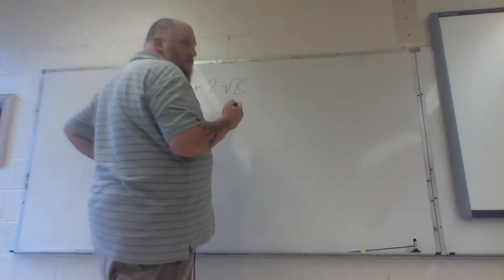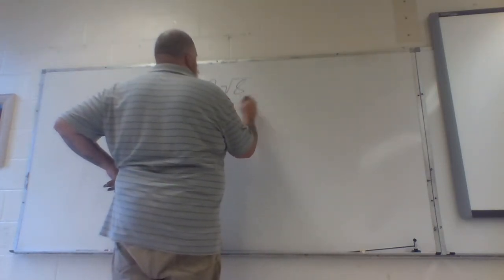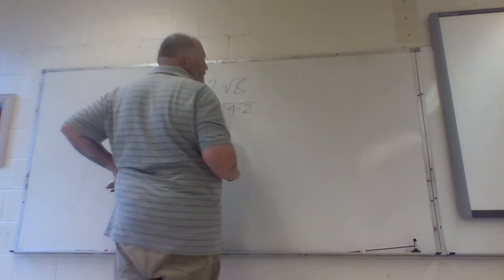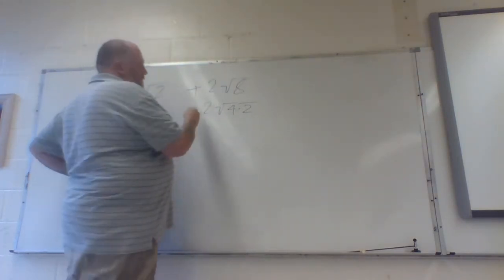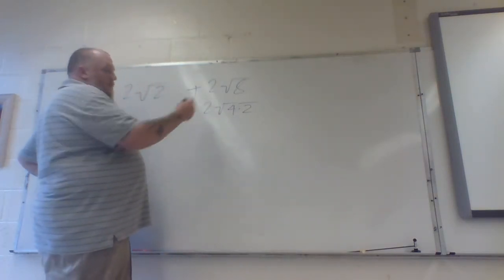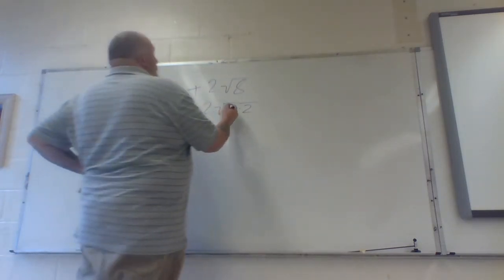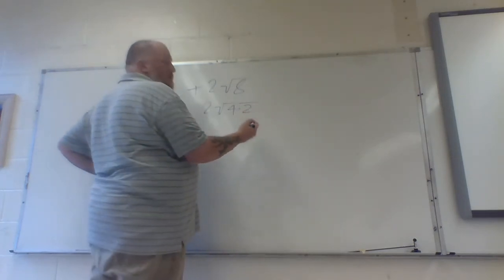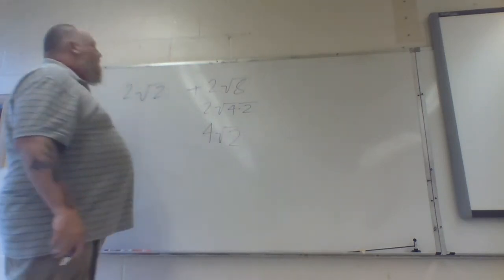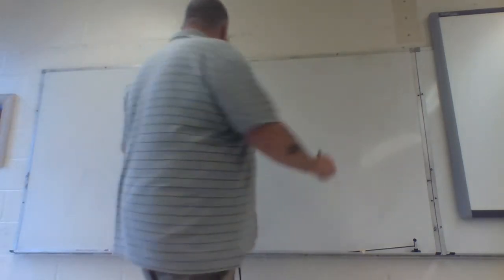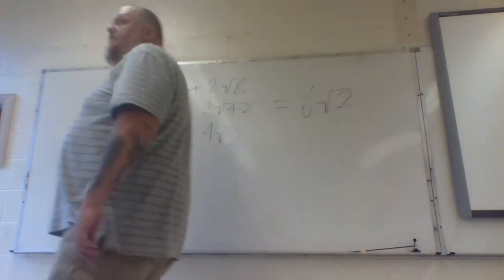But 8 can, right? So with the 8, we can have 2 times square root of 4 times 2. When you bring this 4 outside, when you square root it, you're going to multiply it by this number. Square root of 4 is 2, right? 2 times 2 is 4 over the square root of 2. So the answer to this one is going to be 6 times the square root of 2.